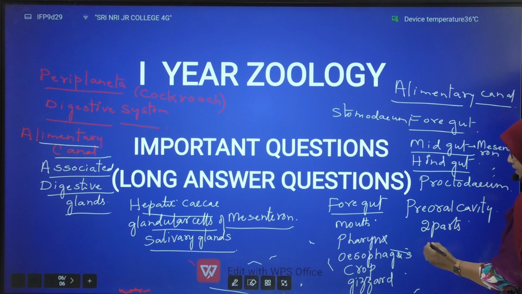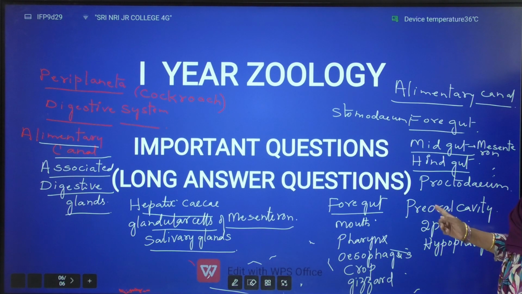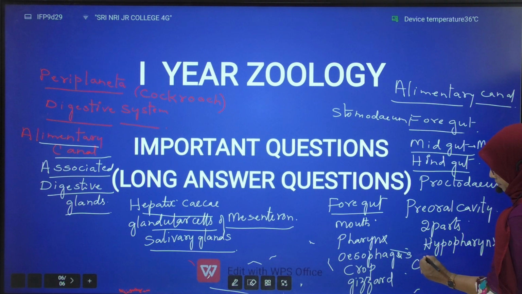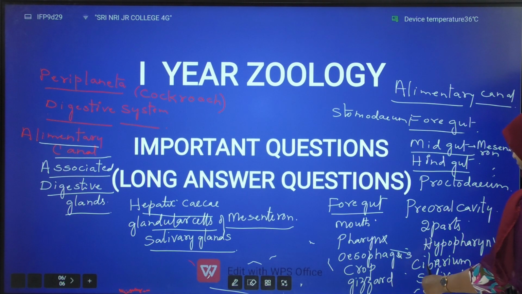Hypopharynx is nothing but the tongue. It divides the preoral cavity into anterior cibarium and posterior salivarium. Cibarium opens into the mouth and salivarium opens into the hypopharynx.